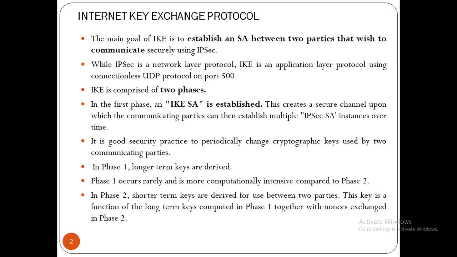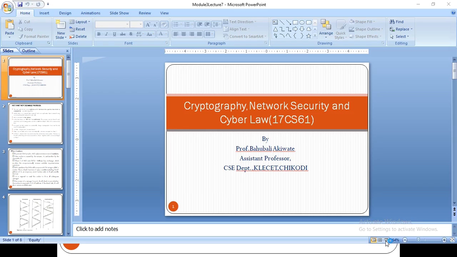So the first thing is we need to establish the SA, and the one node which will take the initiation is the initiator, and the other party which will be responding to that will be considered as the responder. In the further discussion, we need to understand these wordings, initiator and responder.